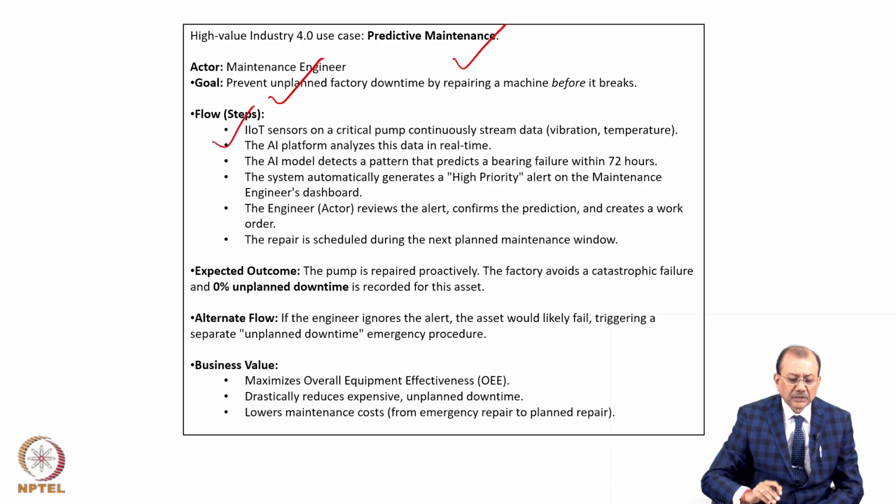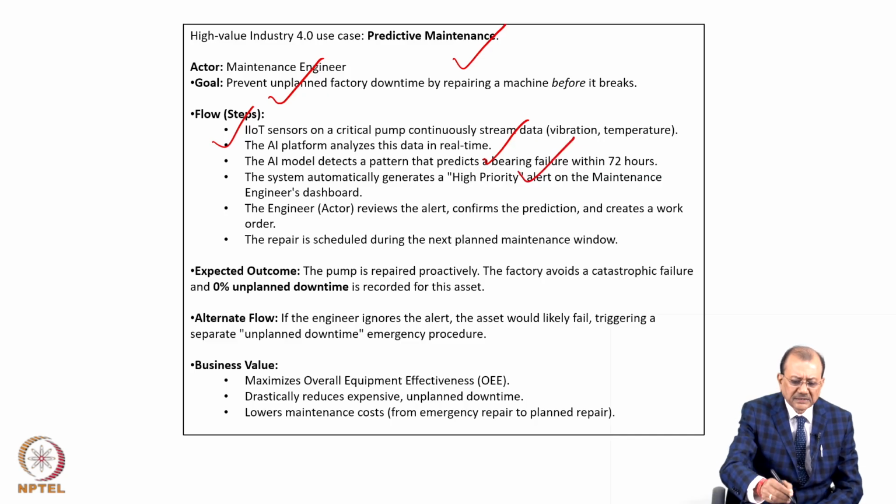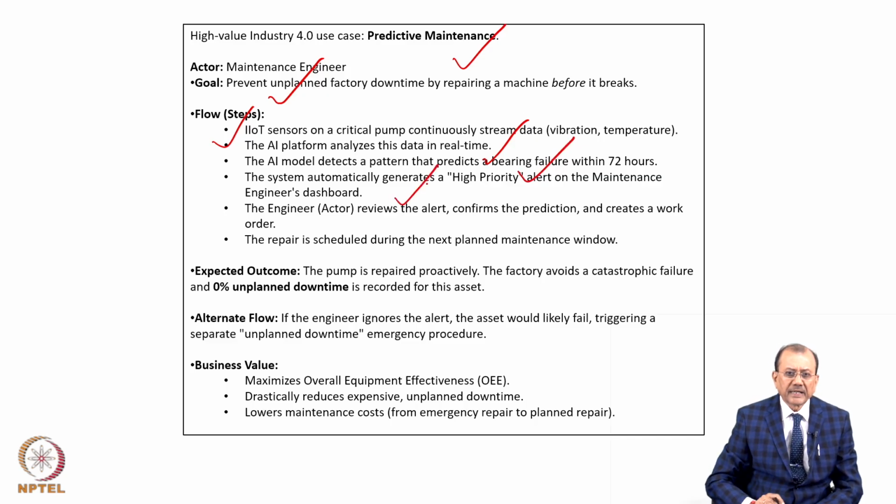As we have learned, IoT sensors capture data from the machine on a regular basis, then AI-enabled analytics tools are deployed to analyze this data, and if any anomalies are found or any alert has to be generated, the system will generate that alert and send it to the engineer for taking the necessary action. There is a certain objective of this use case: the pump is repaired proactively, the factory avoids a catastrophic failure, and 0% unplanned downtime should be achieved.